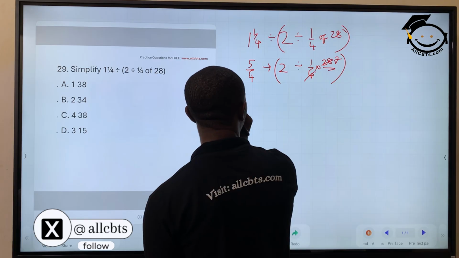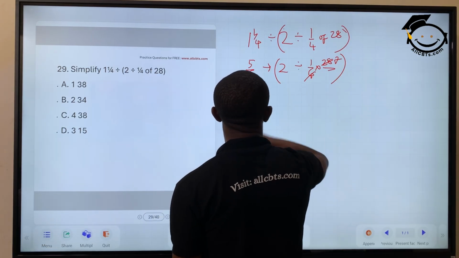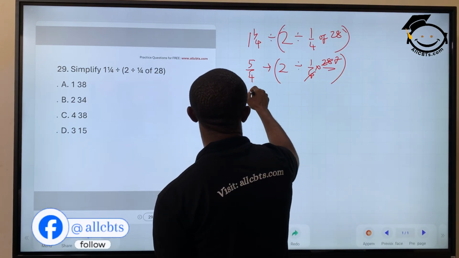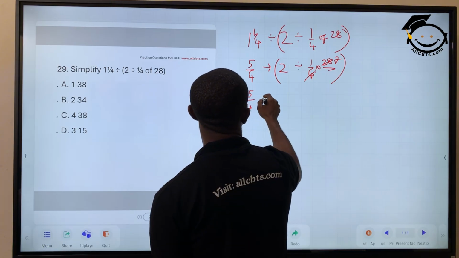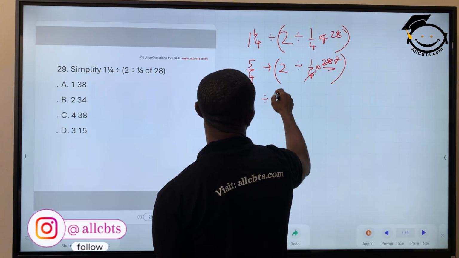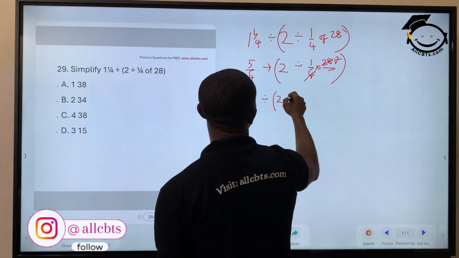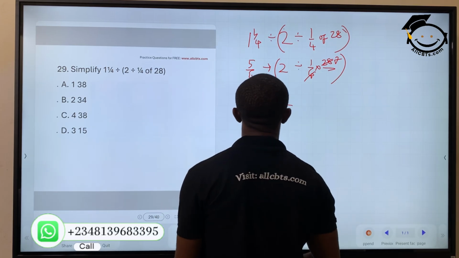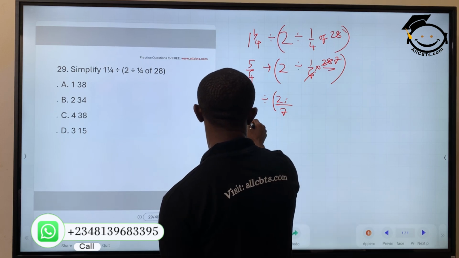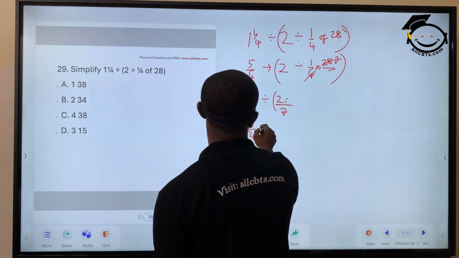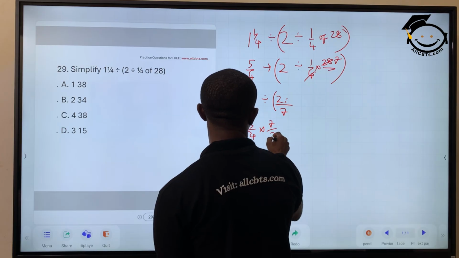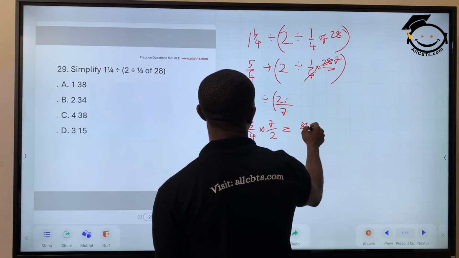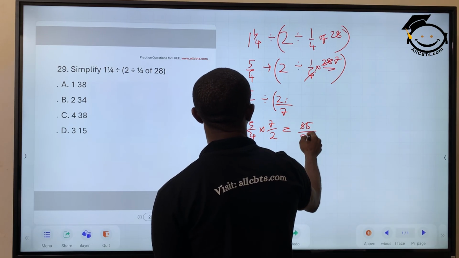So this gives us 5 over 4 divided by 2 divided by 7. So this is 5 over 4 times 7 over 2, which gives us 35 over 8.